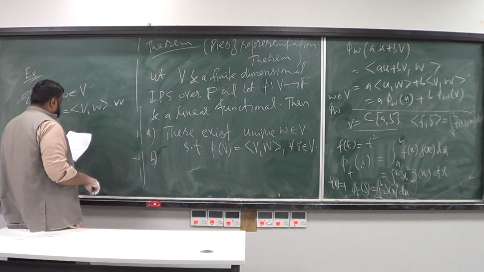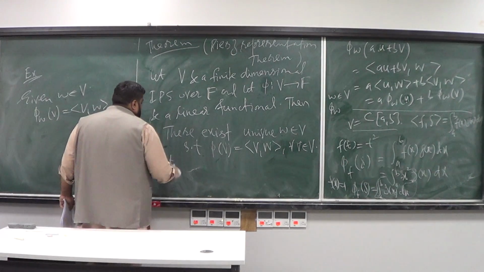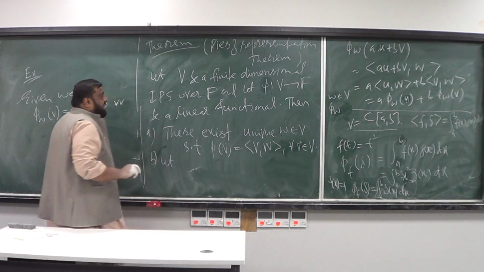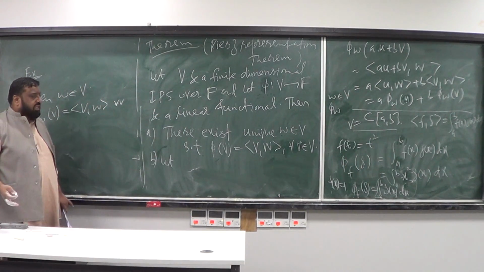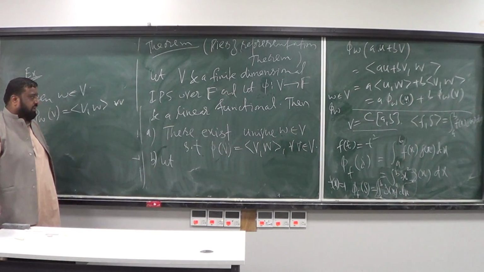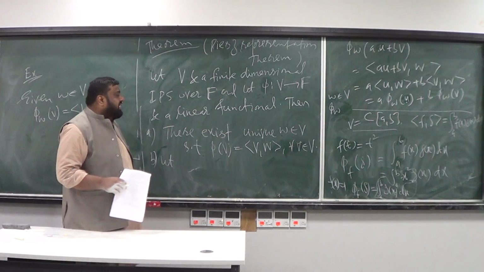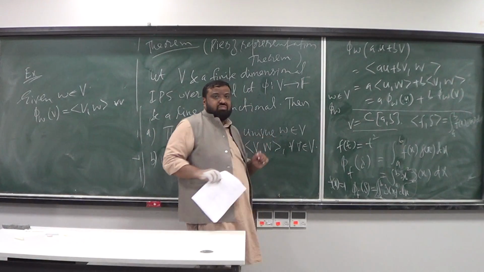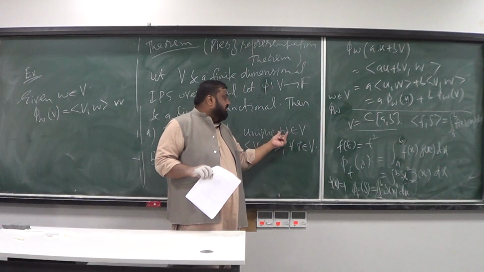And what is the next thing? In addition, if you know that your inner product space has an orthonormal basis, and we know that it has an orthonormal basis, obviously the interesting question would be how to find this mysterious w.